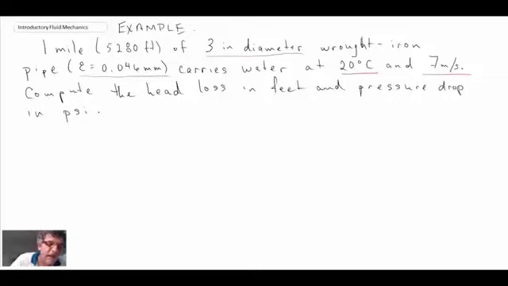So we have two ways of going about this. We can use the British units or use SI. I will convert to the SI units because I am more comfortable with those units.